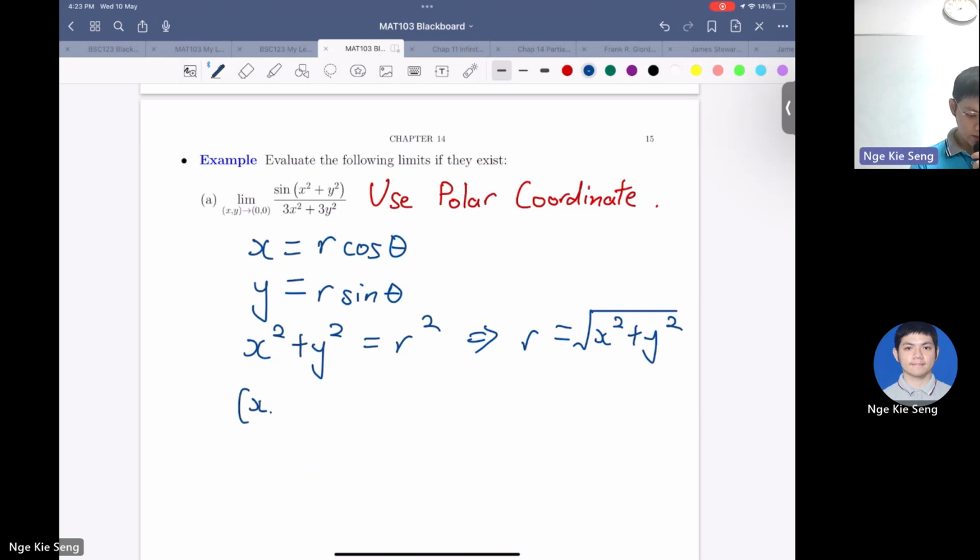So meaning what? If you approach the origin from any point, you are approaching from every angle. Your radius is going from positive to 0, right? Let me draw it.